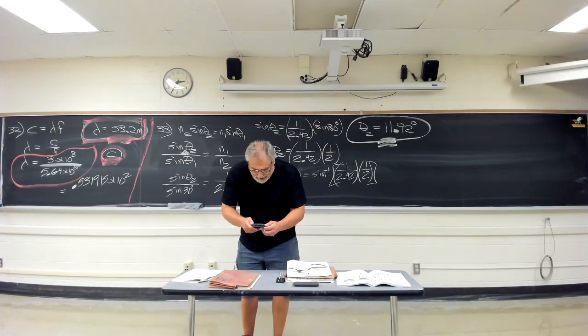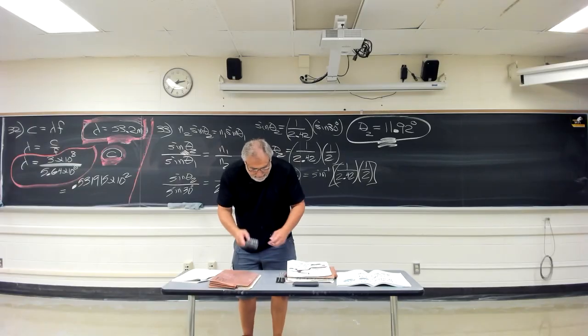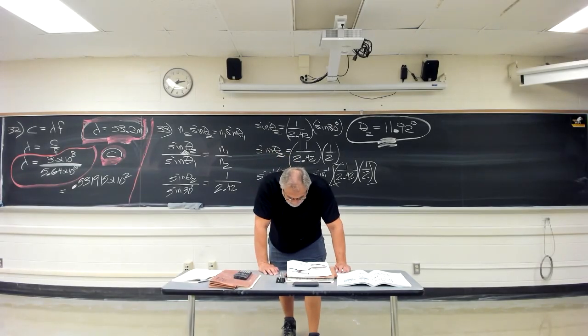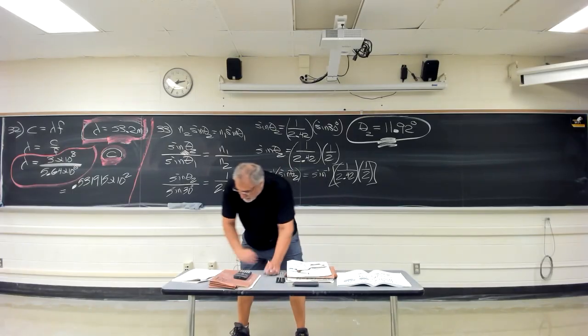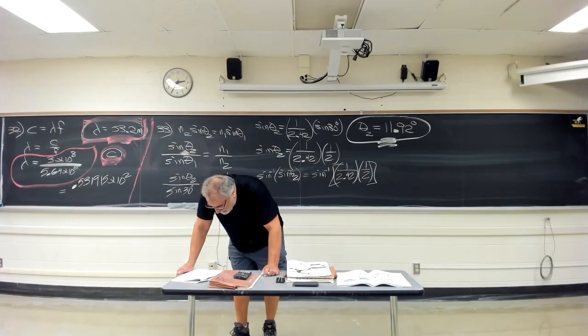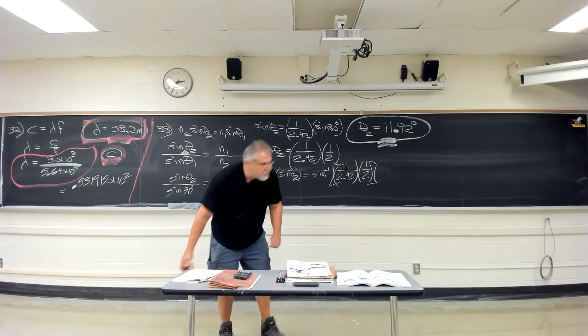So when you look at it, I got 11.9238. In my notes here, it's 11.924. Not a problem. I got 11.9 at A, so that's close enough.